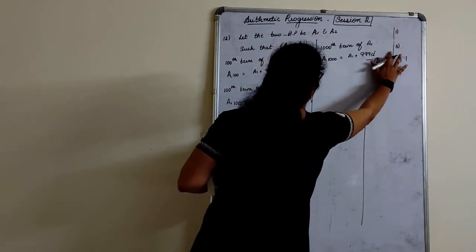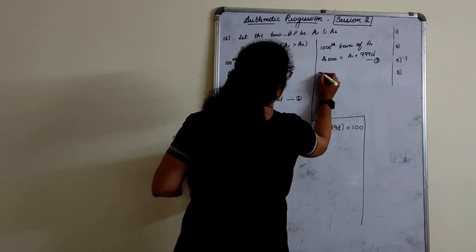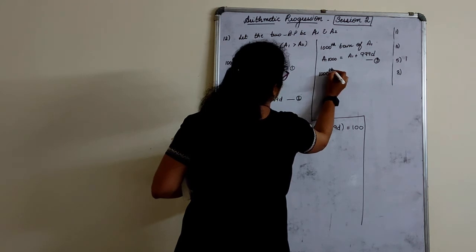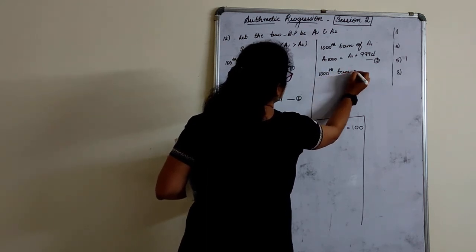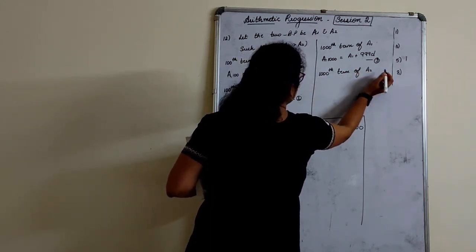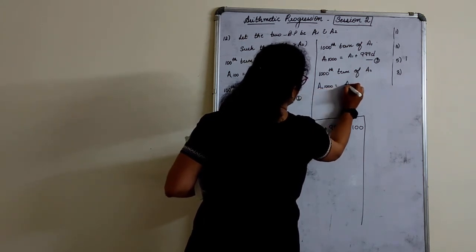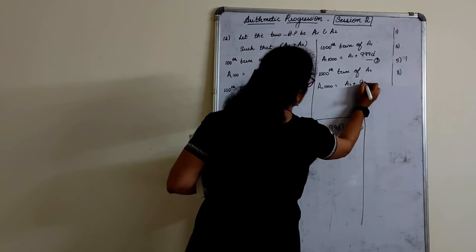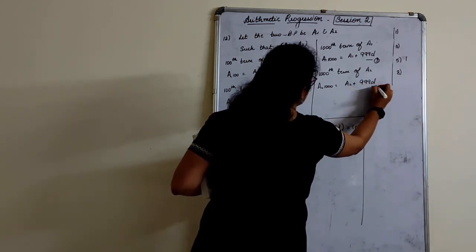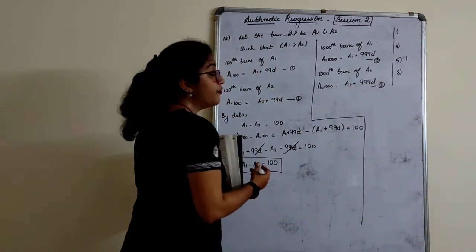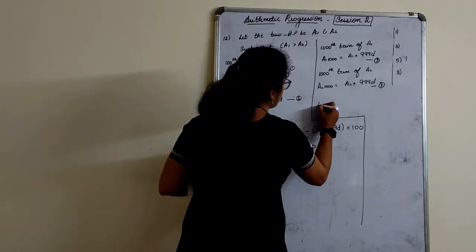Equation 3. The 1000th term of the second AP is equal to A2 1000th term is equal to A2 plus 999D, equation 3. Find the difference between these two terms.